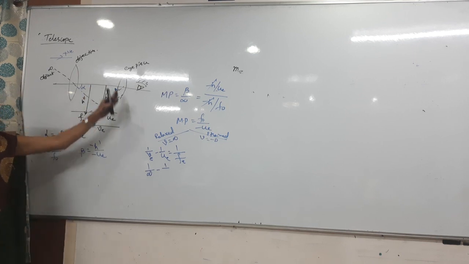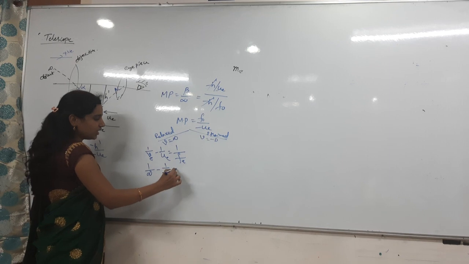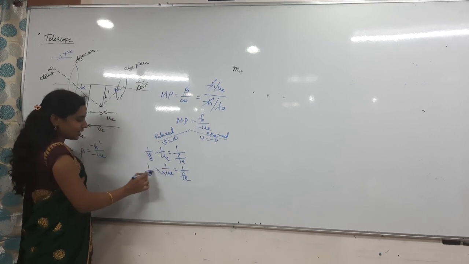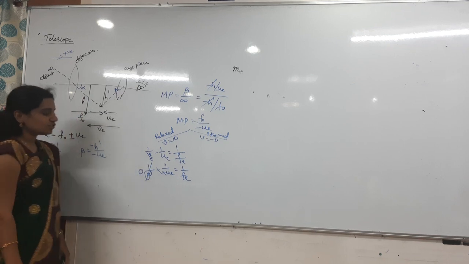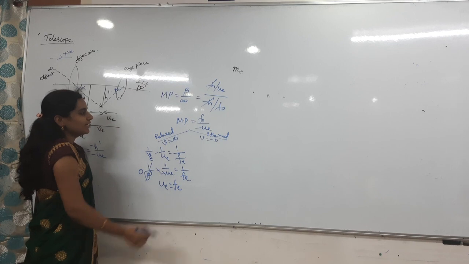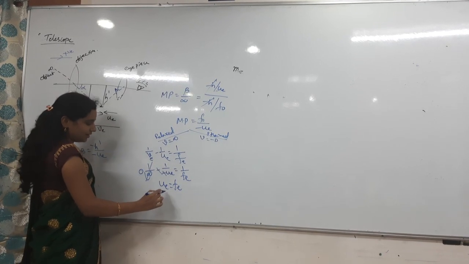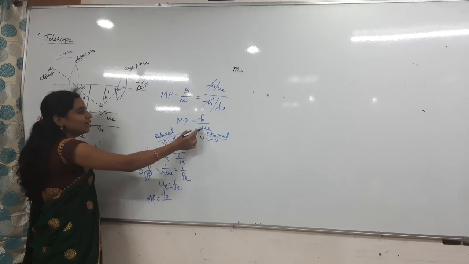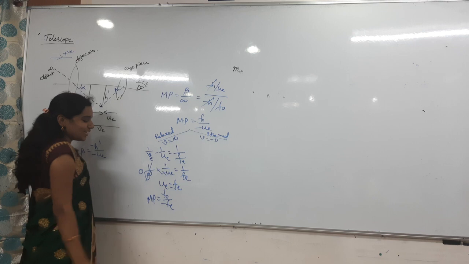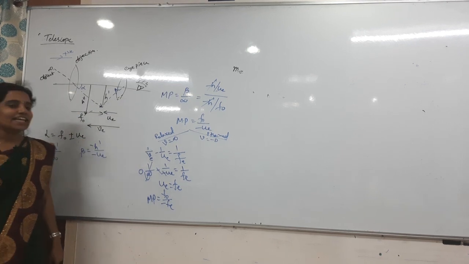This is the main lens for us. So only 1 by infinity minus 1 by minus UE is equal to 1 by FE. Then minus gets cancelled. This becomes how much? 0. Then UE is equal to FE. Then magnifying power, F naught by UE. What is the UE value? Minus FE. That's the answer. For which case? Relaxed eye.